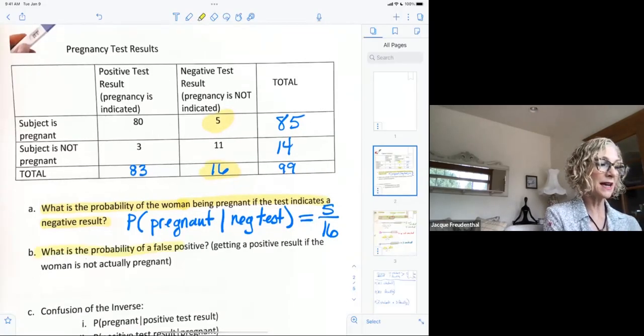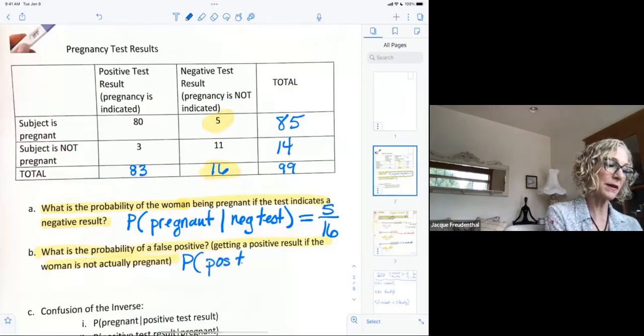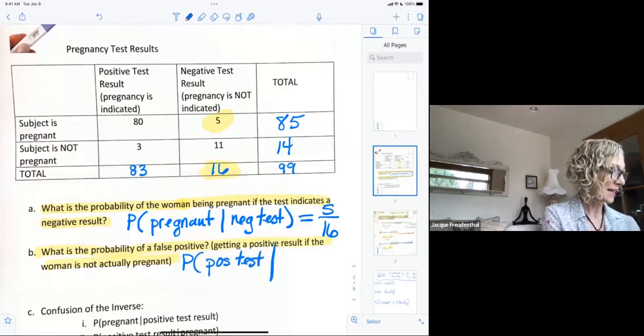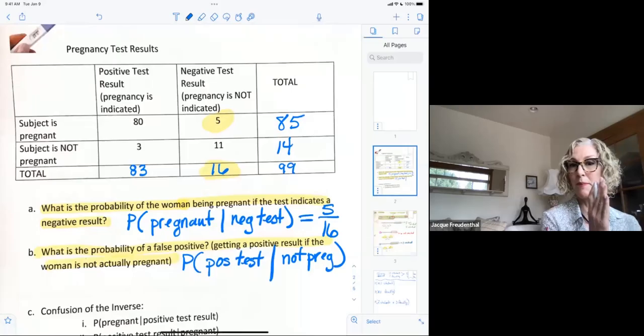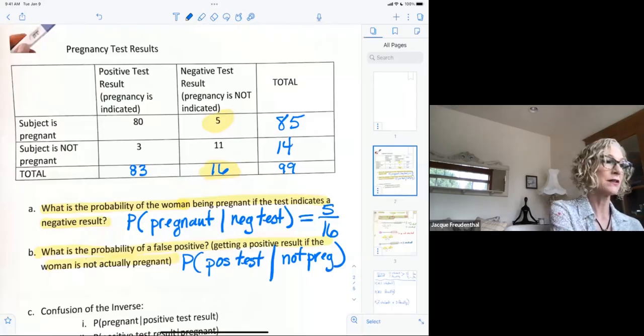What is the probability of a false positive, which is the probability of getting a positive test result given that the woman is not pregnant? Again, that bar that I'm writing indicates given, out of the number of women who are not pregnant.